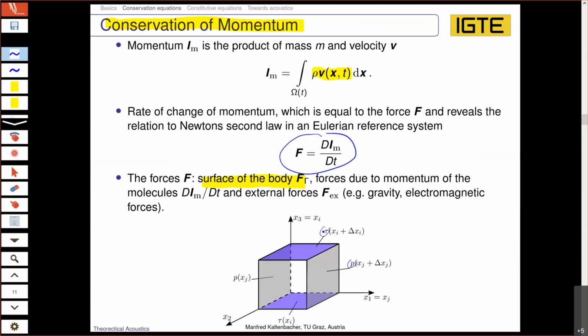You know, a pressure is the force which is acting in normal direction on a surface, and tau are viscous forces, and they are acting as shear forces, so they are within the plane on which they are acting. Okay, and then clearly we could also have some external forces, which could be gravity, electromagnetic forces, whatever.